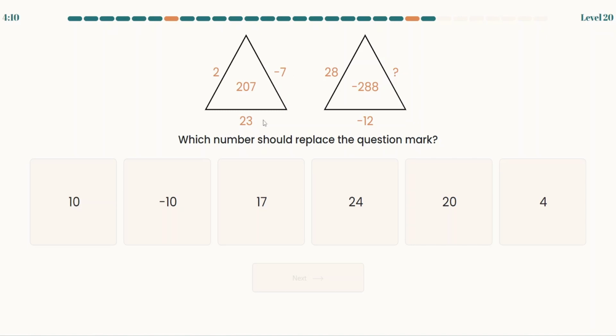So 7 times 23, that's 140. 140 plus 21, that's 161. 23 squared. No, that can't be it.